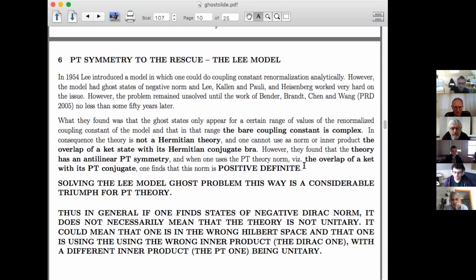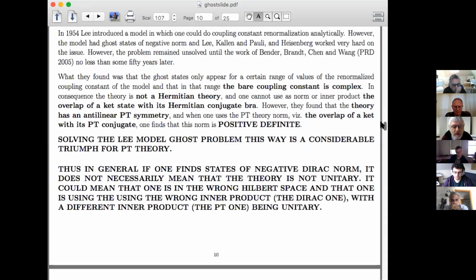So the seeds of the saving of the theory was that the ghost states appeared in a regime or domain where the coupling constant was complex and the theory wasn't Hermitian. Solving the Lie model ghost problem this way is, in my opinion, a considerable triumph for PT theory. So what's the wisdom we can learn from this?